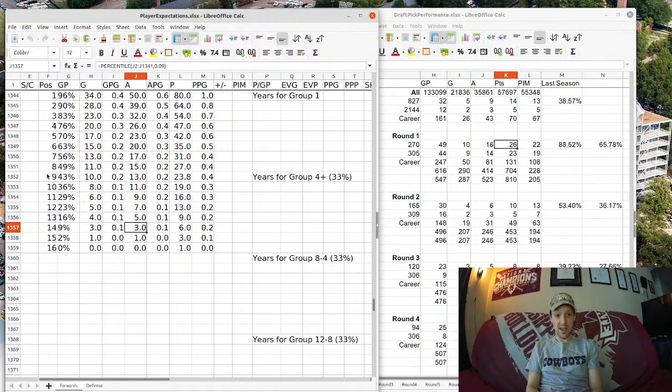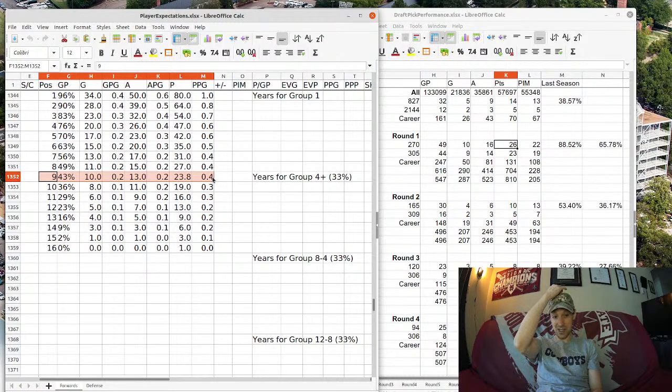So for this first round pick, the annual expected performance is approximately one of your third line players. So really a first round pick is not on average all that valuable of a player.